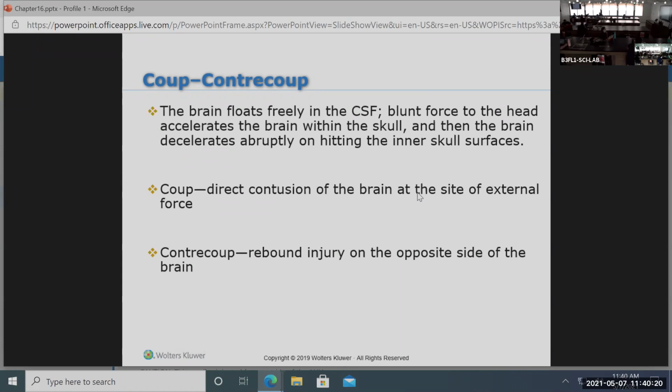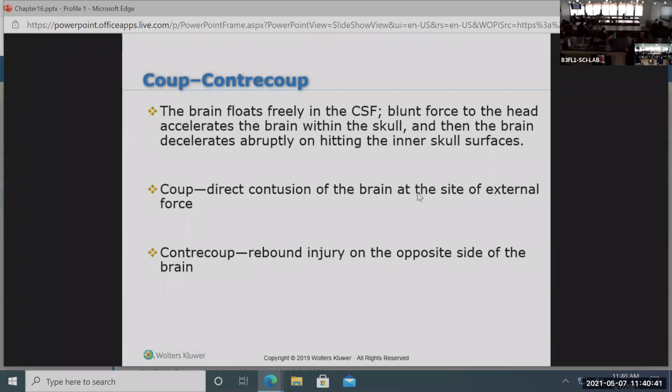So the brain flows freely in the CSF. And also, folks, please remember the formation of CSF within the ventricles, how it circulates and how it goes back into the blood circulation.